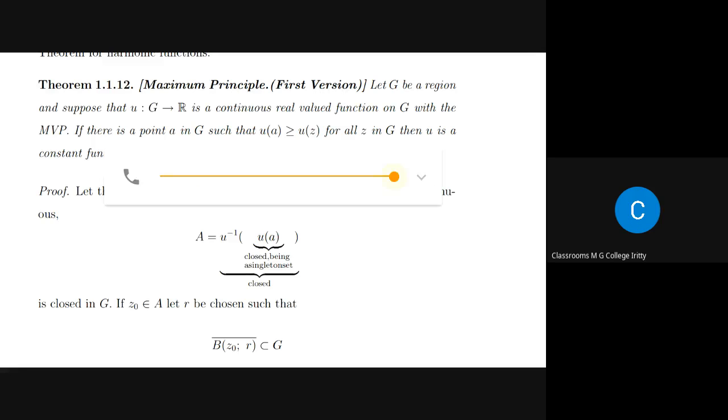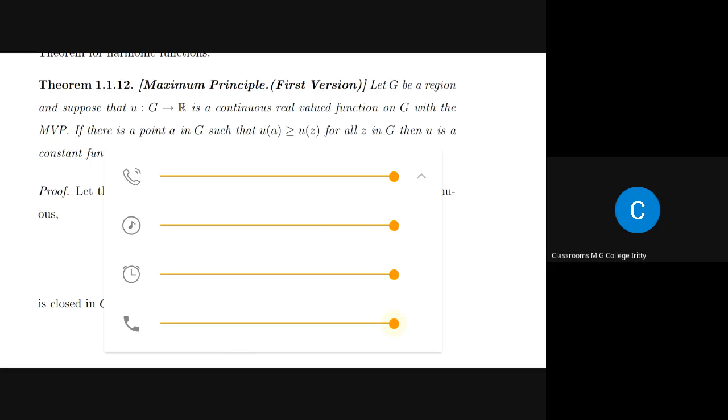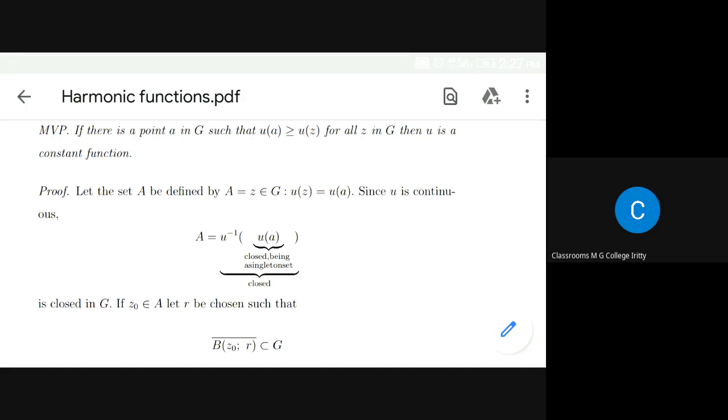But here the theorem says that we are given a region G, which means an open connected set that is a subset of the complex plane, and we are taking a point inside. If it is possible to find a point a in G such that u of a is greater than or equal to u of z for all z in G, then u is a constant function.